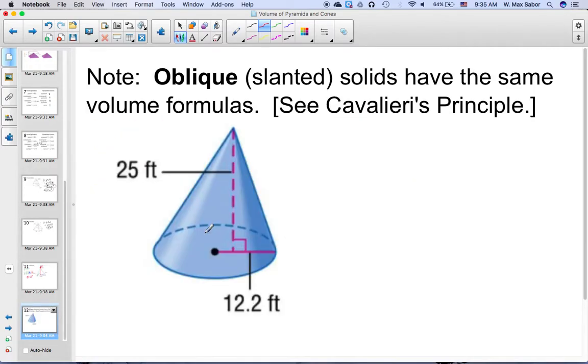Please note that oblique or slanted solids have the same volume formulas. Again, this is by Cavalieri's principle, so you could still use 1/3 pi r squared h to find the volume of a cone.